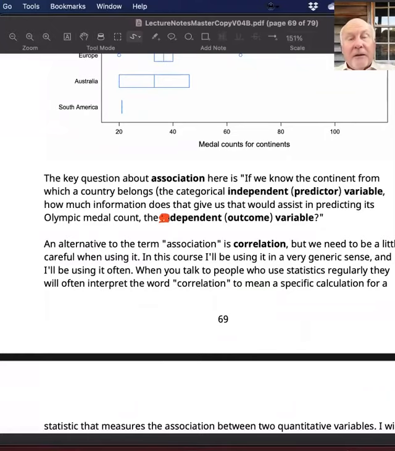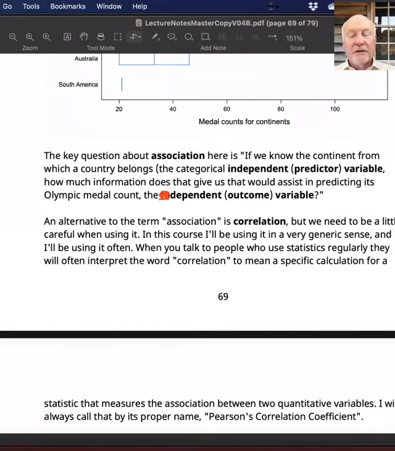Now, let me say a bit about how I'm going to use the word correlation. In most courses where that term comes up, the person who uses the word correlation probably means something called the Pearson correlation coefficient. And I will introduce that a little later.